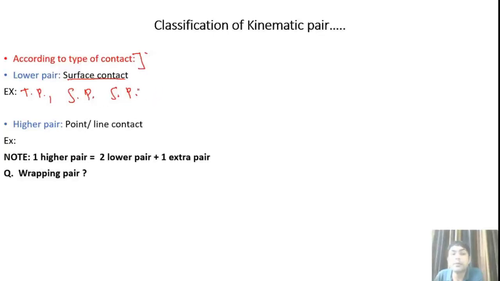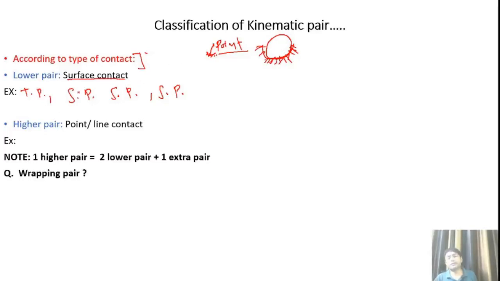All these are examples of lower pairs, and a spherical pair is also a lower pair. Again you see, this is not a point contact, not a higher pair. This is a surface contact.